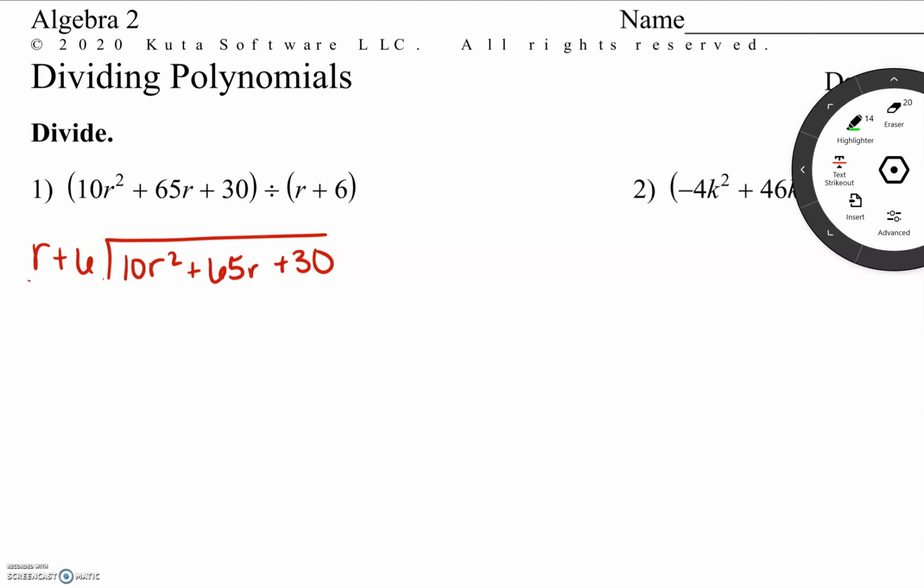So r plus 6 cannot go into 10r squared by itself, because this is 2 terms and 10r squared is 1 term. So we have to look at the second term, and we're seeing how many times r plus 6 can go into 10r squared plus 65r, just like we did with that last problem with numbers.